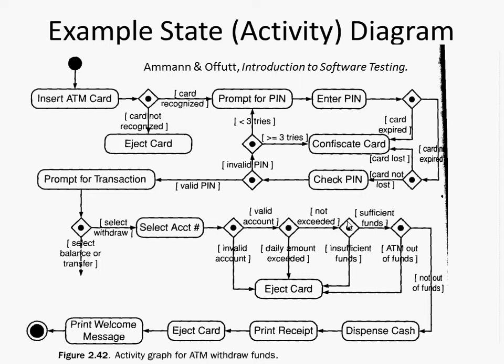It eats your card. If it's a lost card, if someone's reported this as lost, it will also confiscate it. Otherwise, it checks the PIN, and if it's an invalid PIN more than 3 times, it will also confiscate it. This maps out the basic flow process of how this thing works: the steps you go through, the actions undertaken.